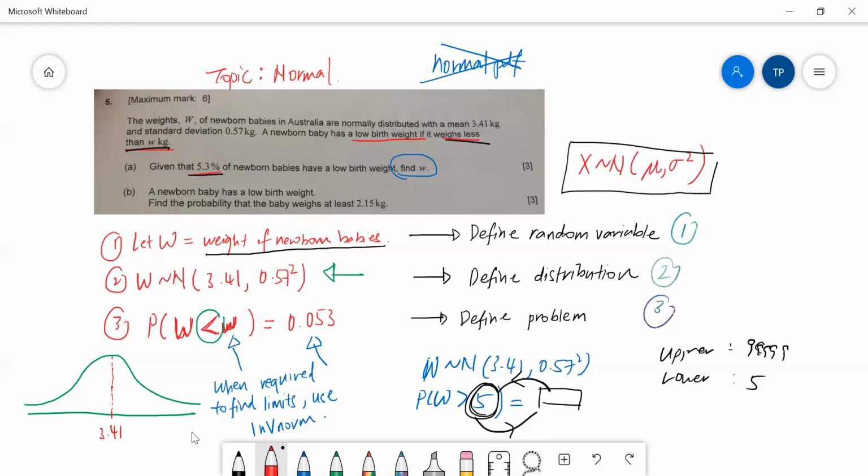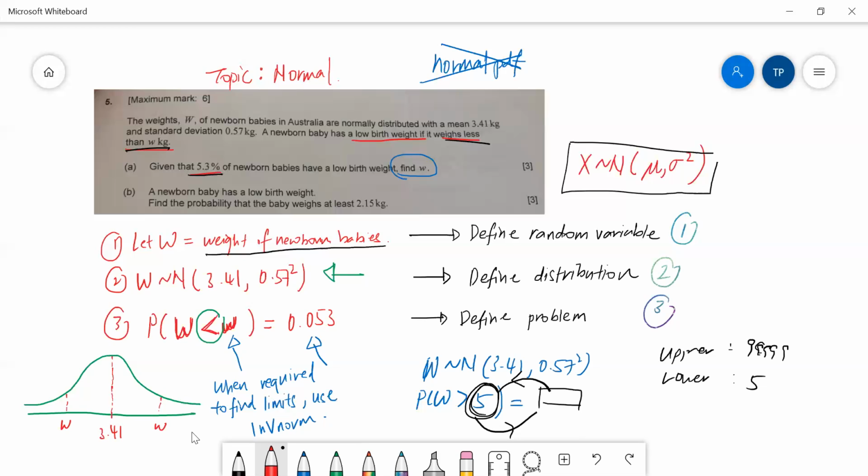Now they are saying that if the weight of a newborn baby is less than W, the probability is 0.053. It's only 5.3%, right? So it's either that W is here or W is here, right?